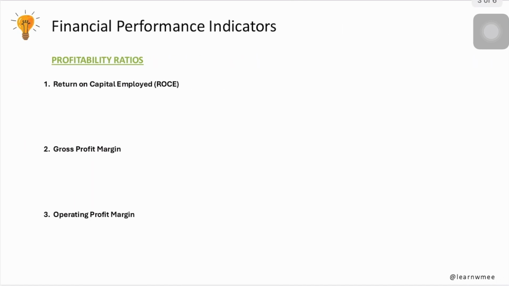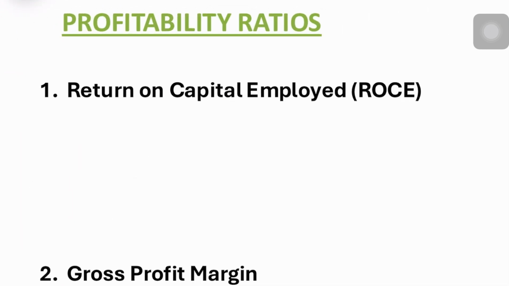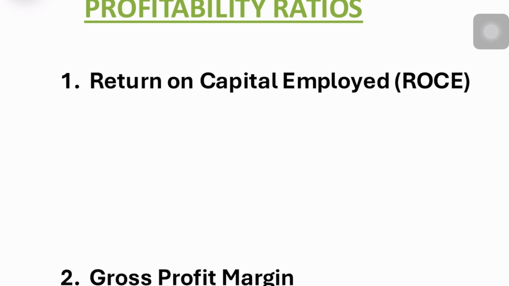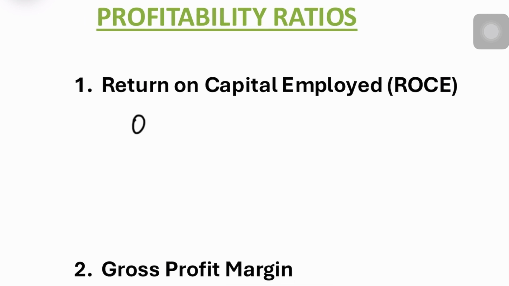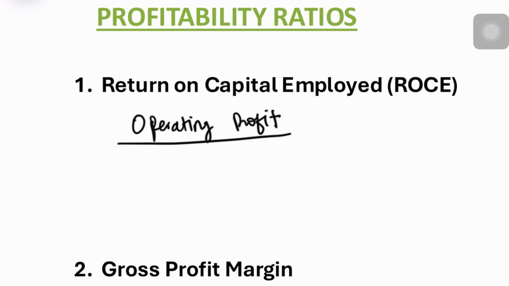So firstly, we'll be covering a profitability ratio, return on capital employed. So return on capital employed is basically operating profit upon capital employed into 100. I'm sure you guys have studied this before as well.